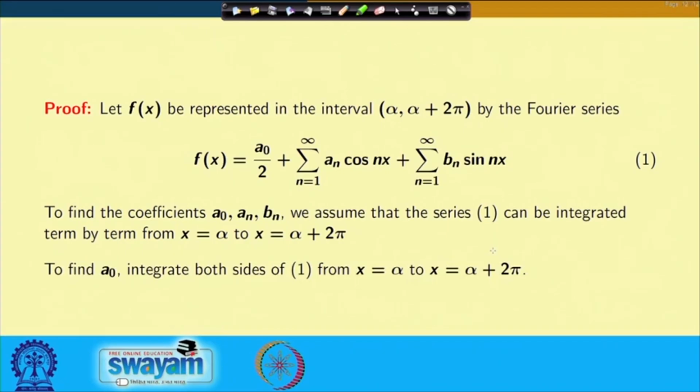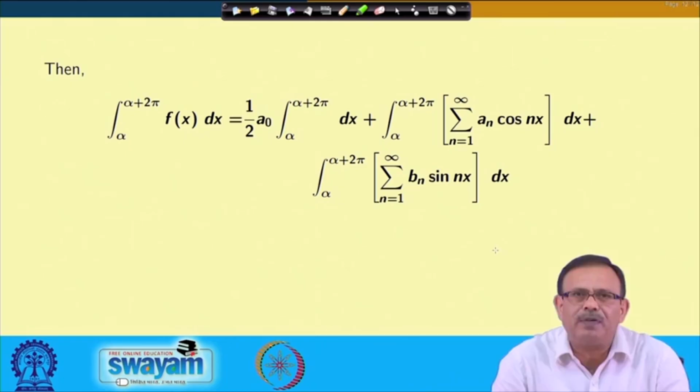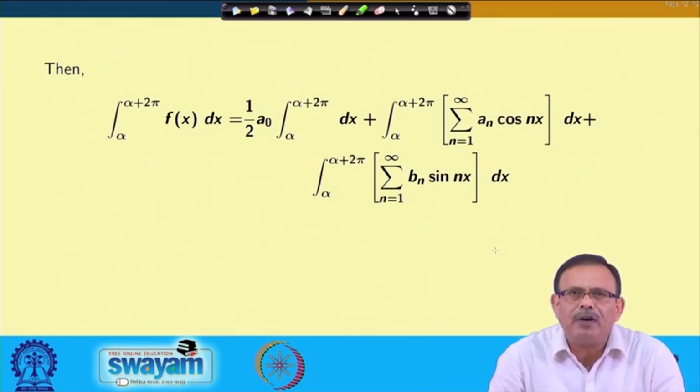Next, to find a naught, we have to integrate both sides of 1 from x equals alpha to alpha plus 2 pi. So that you will obtain the integral from alpha to alpha plus 2 pi of f(x) dx equals half a naught into the integral of dx, plus the next integral where summation is on a n cos nx dx, plus summation of b n sin nx.